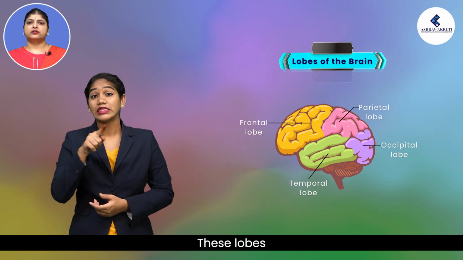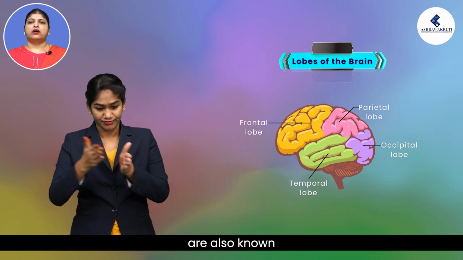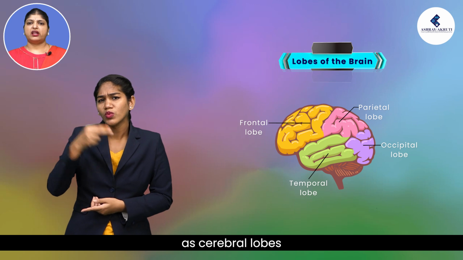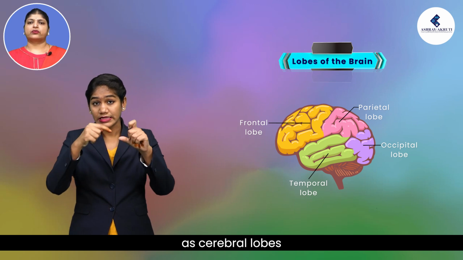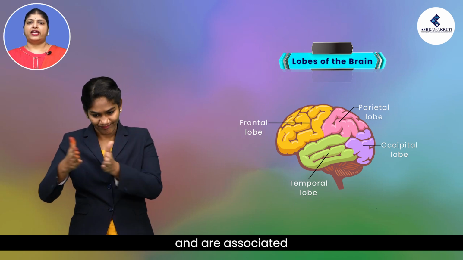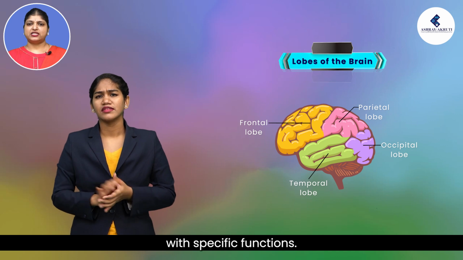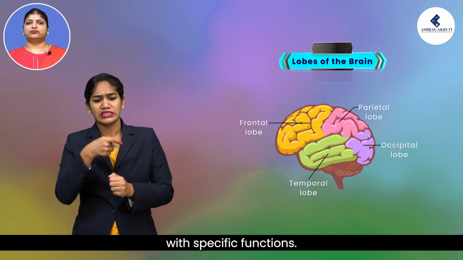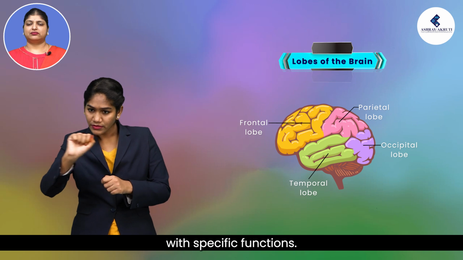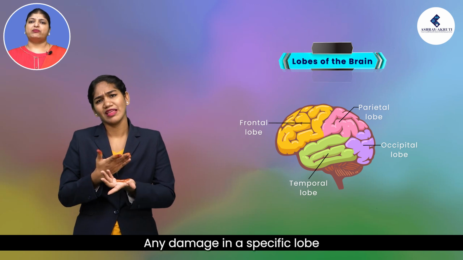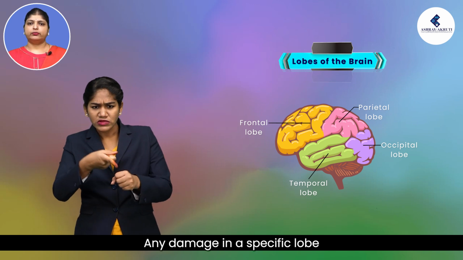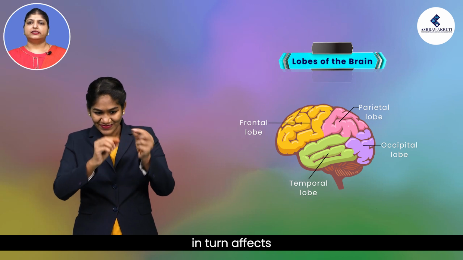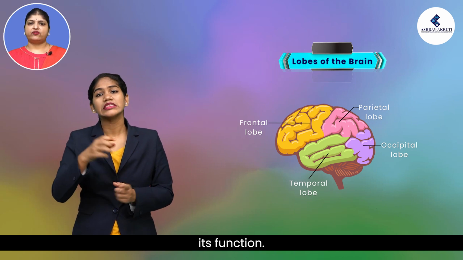These lobes are also known as cerebral lobes and are associated with specific functions. Any damage in a specific lobe in turn affects its function.